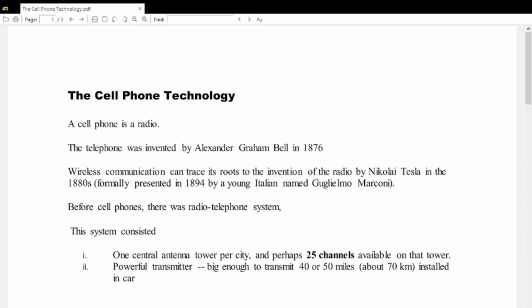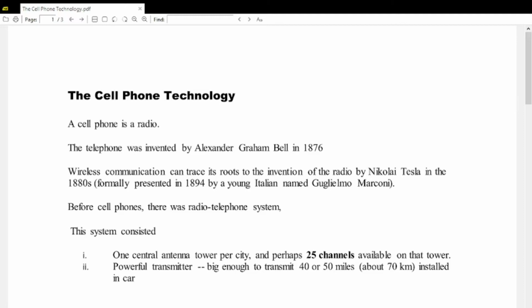So before we settle down and understand that, I just want to bring to your attention the history of the phone, history of the cell phone, history of the radio telephone, and history of wireless communication.